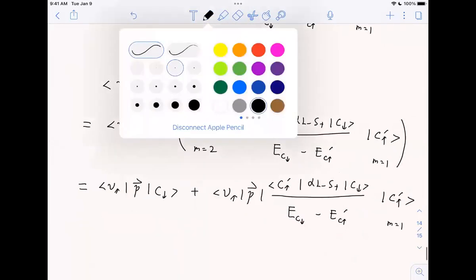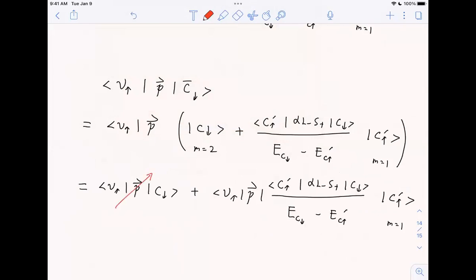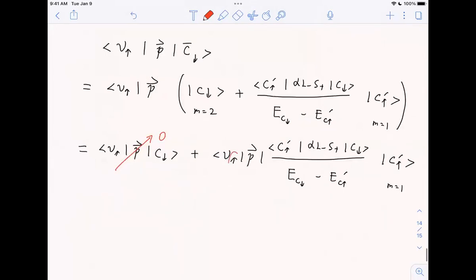Okay, this term will be 0 because these are pure spin states, 100% spin up, 100% spin down. You get 0. But this term you actually have the same spin. So this term, let me see, this one you can move outside. I mean, it's a number. Okay, you can move this outside.